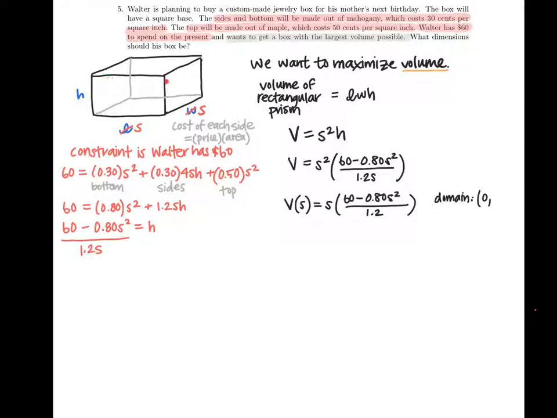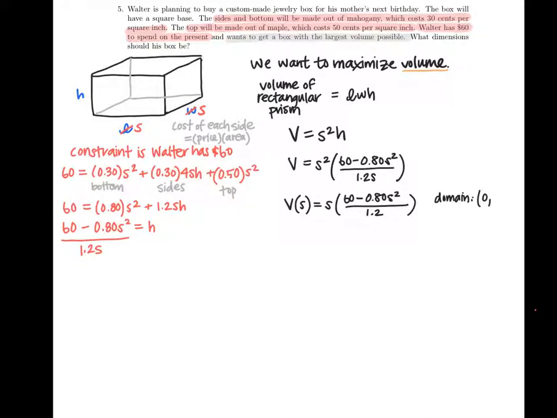And also the sides of this could be really tall, but this is going to be such a short amount. You could imagine this becoming comically tall. So as S gets close to 0, the burden lies on H in order for this to equal 60.